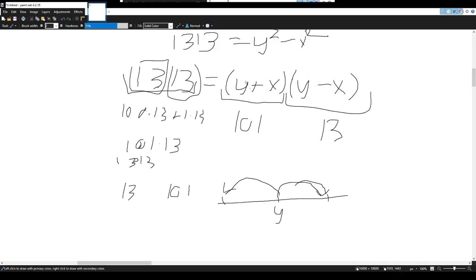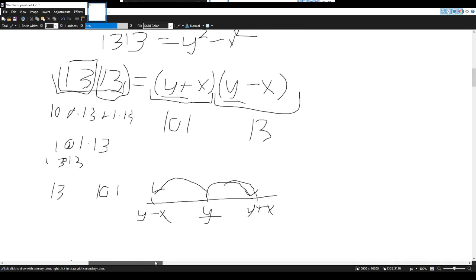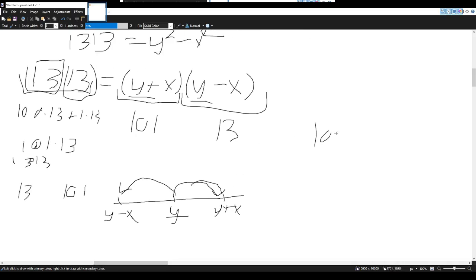So actually, y is right in the middle of y plus x and y minus x. So you can think of y as being the average of these two numbers, right? So if you want to find the average, right, 101 plus 13, divide that by 2. That would be, looks like 57.